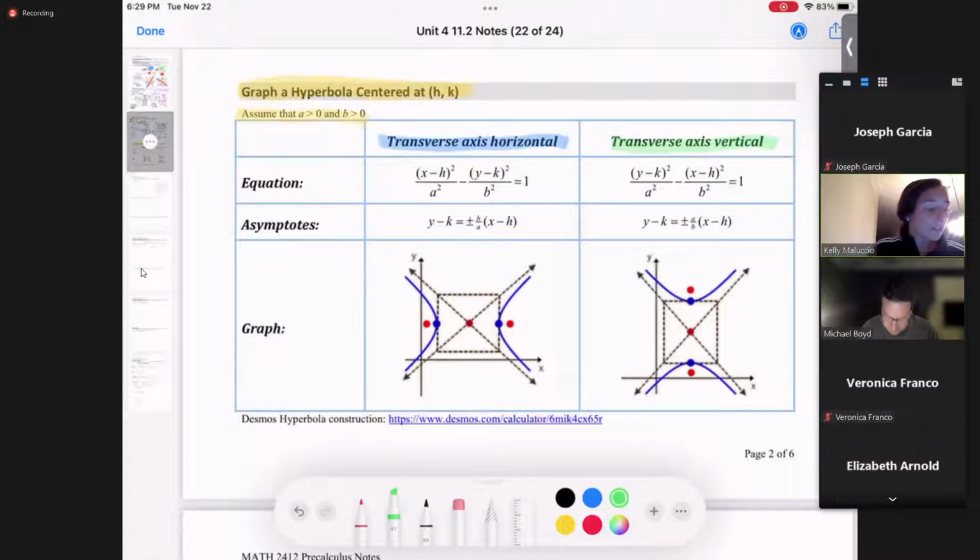And so these equations look almost identical, but we shifted them with this h and k, right? Just notice the order that things are going in, like x minus h. Okay, my pen is being super weird. I hope it's not dying. So x minus h, the h still always goes with the x, even if the vertical is our transverse axis, right?